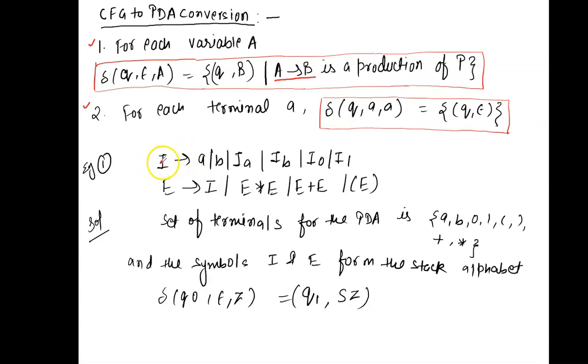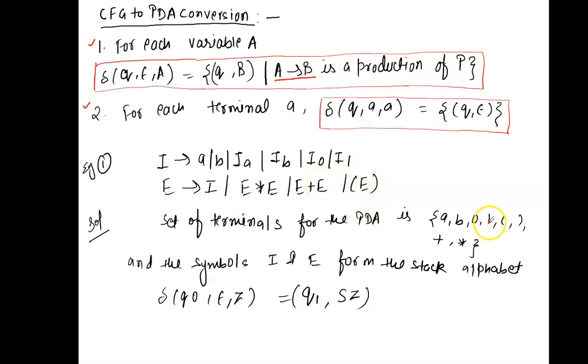Here I have the productions, and there are two non-terminals, I and E. We know that capital letter symbols are the non-terminals, and the terminals are represented by small letter symbols as well as digits, operators like plus and star, and opening and closing parentheses.